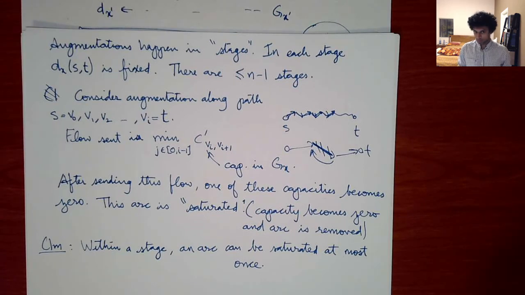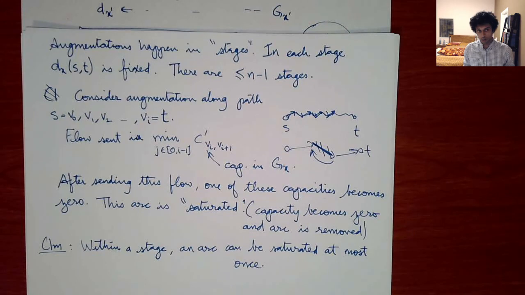N-1 would be the cap. No. How many edges are there in the graph? An arc is just a directed edge. O of m. M is the number of arcs that are there.